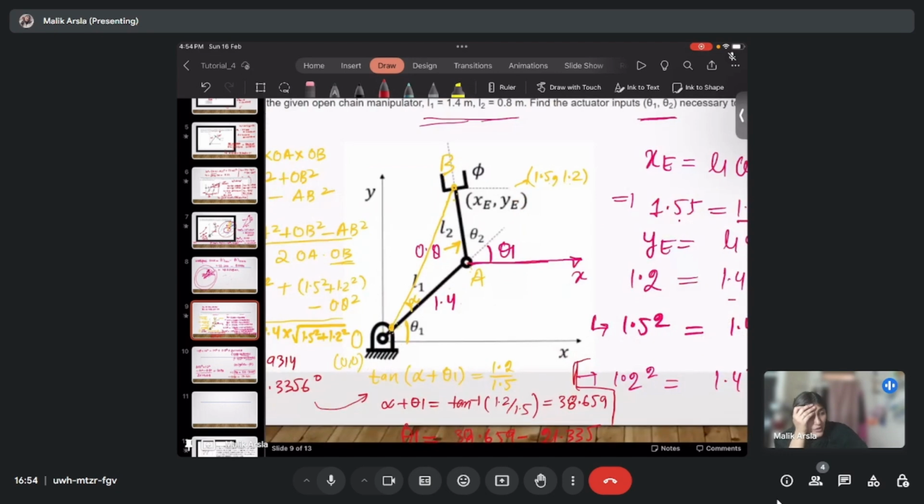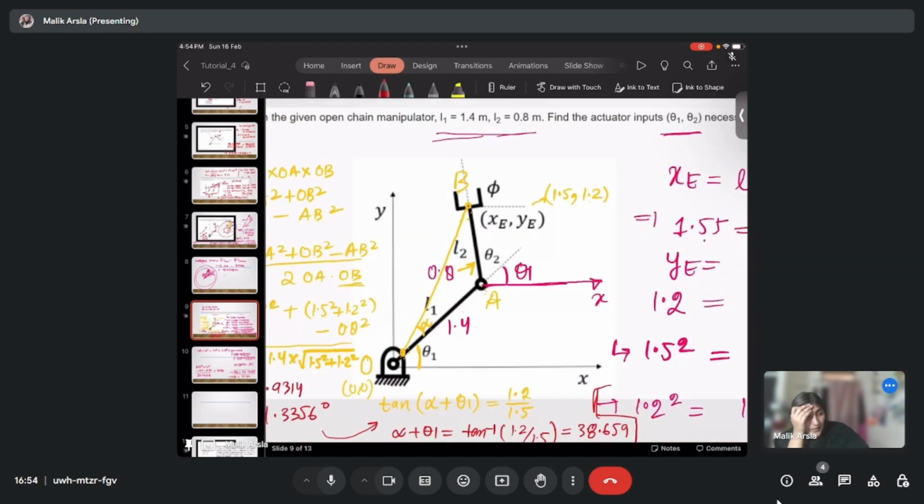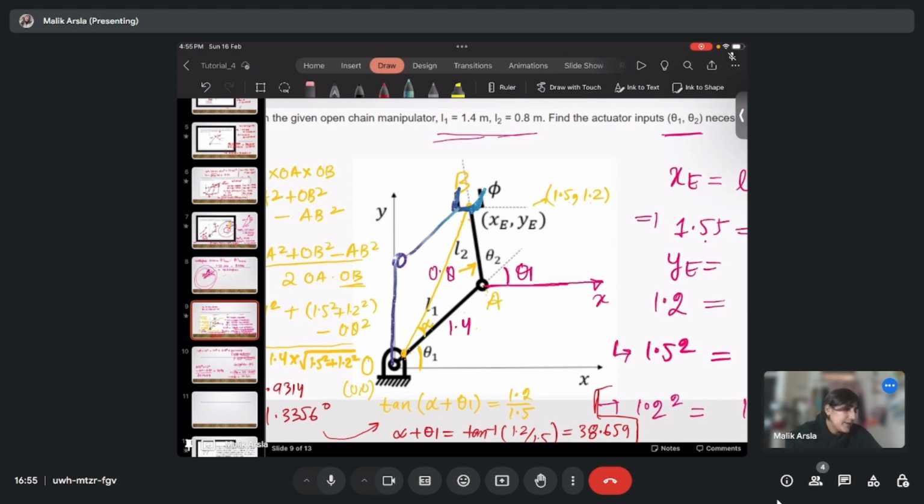Now see, there is another configuration possible for this point. If the end effector position is here, there is another configuration possible by which we can reach the same point. That is basically the mirror image of this. Now this angle was alpha, so if this angle is alpha, this angle will also be equal to alpha.